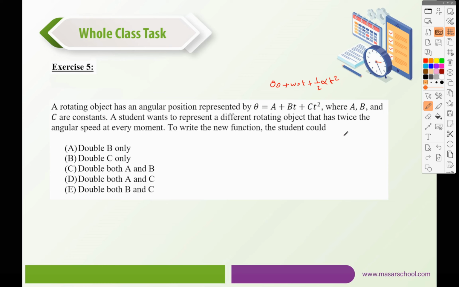To write the new function, this would only require to double c, because think about it. If c is related to the quadratic term, then c is related to the acceleration, which is angular acceleration. For each moment the speed requires to double, so that means that the acceleration should be doubled, because the quantity which represents the change of the velocity or the speed is given by the acceleration, only acceleration.